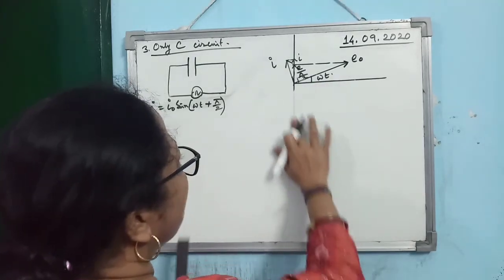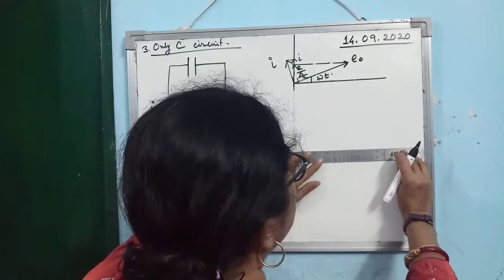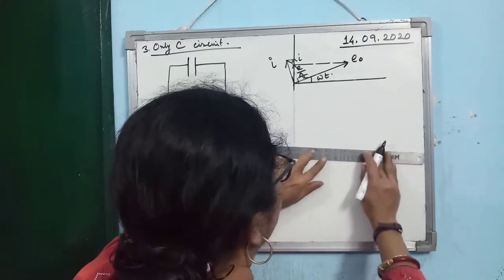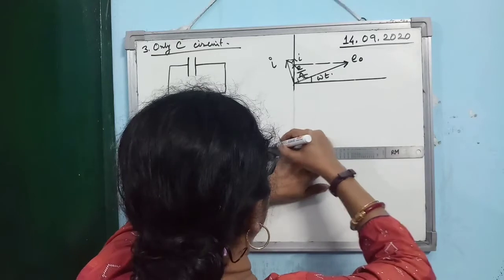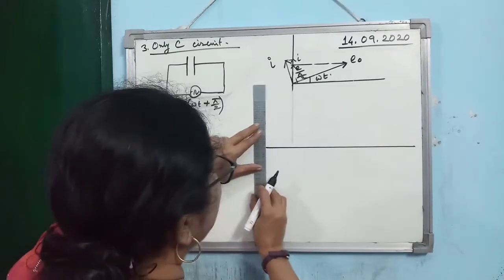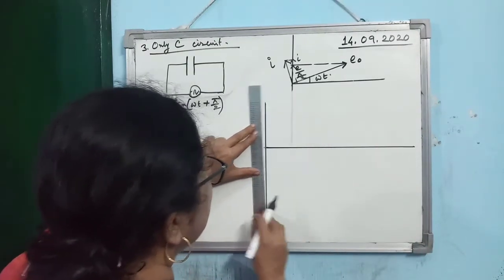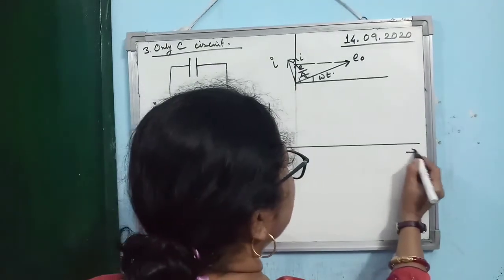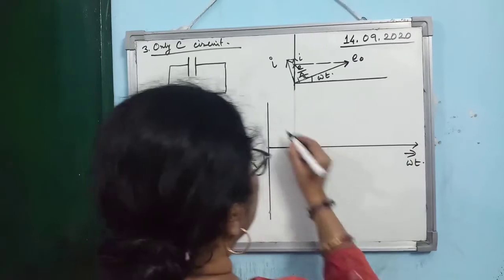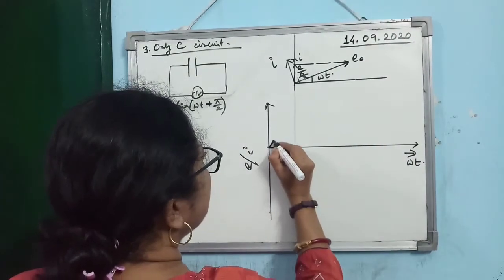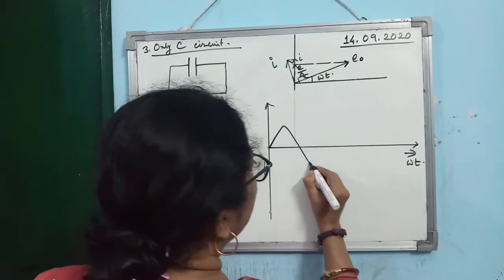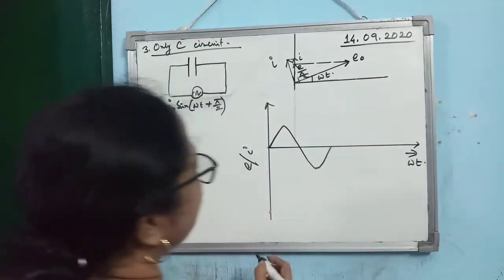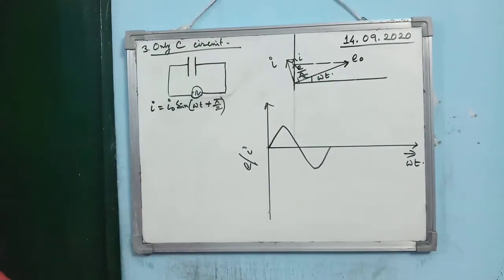Then how to draw the original variation of E and I with omega t. So if you just draw it, this is E or I, and here you are plotting omega t. So if you consider this is the graph for EMF, then you see how to plot the current.